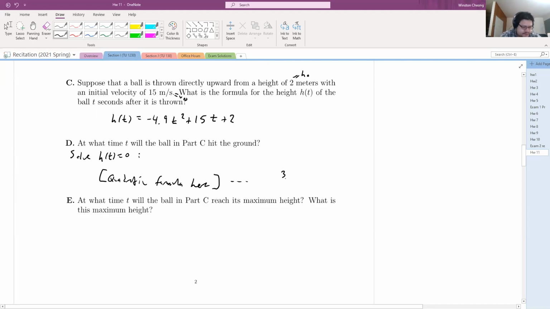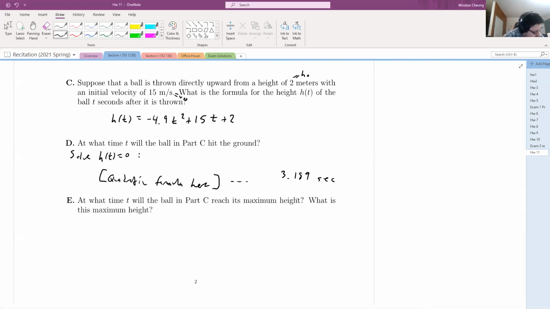You'll eventually have to use a calculator to figure out a decimal approximation. Otherwise, you get minus 15 plus or minus the square root of 264.2 all over negative 9.8. It's a terrible number, so about this much.